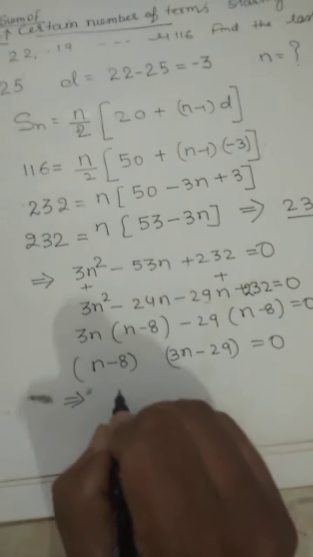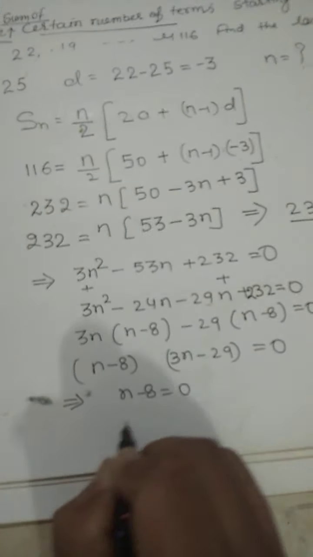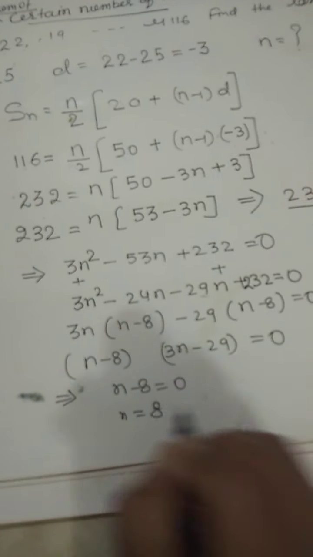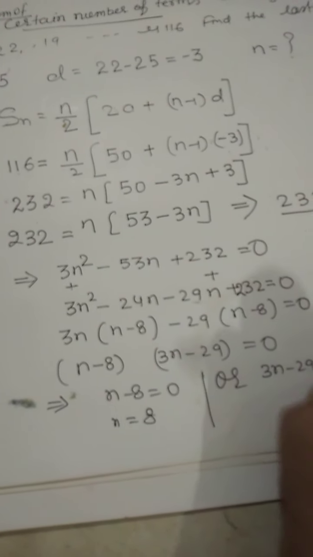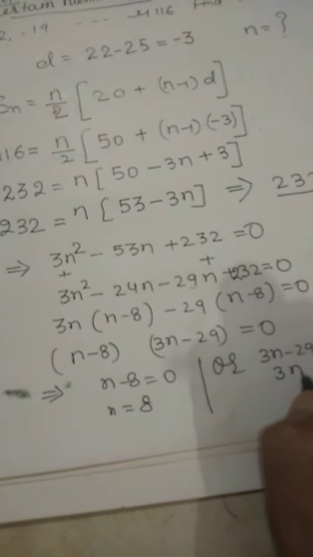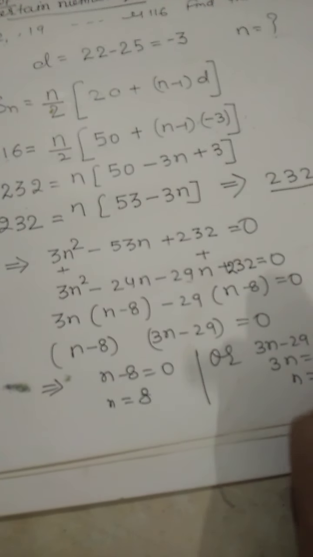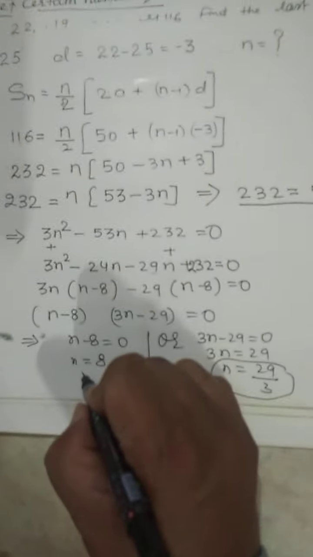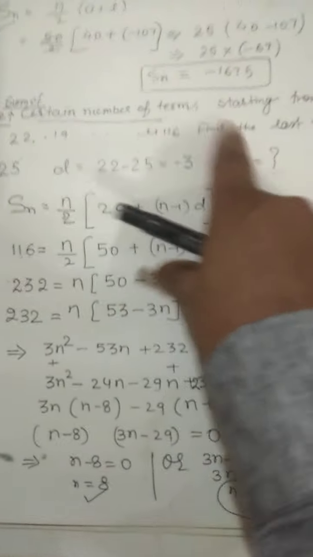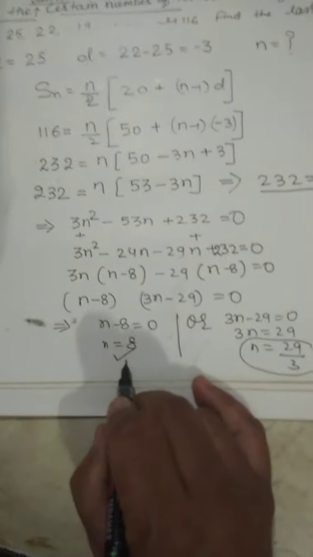This implies n minus 8 equal to 0, n equal to 8, or 3n minus 29 equal to 0, so 3n is equal to 29, n equal to 29 by 3. This is not possible in arithmetic progression, since the number of terms is a natural number. So n is equal to 8.